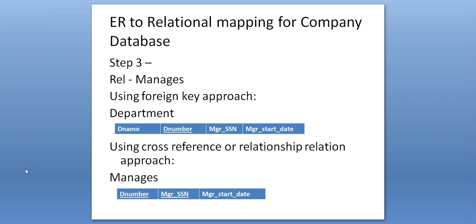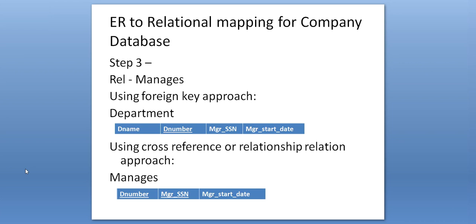For the foreign key approach, in the relation corresponding to the entity type having total participation in the relationship, we have to make some changes. Remember this. The changes that we are going to make are in the relation corresponding to the entity type having total participation in that particular relationship type.